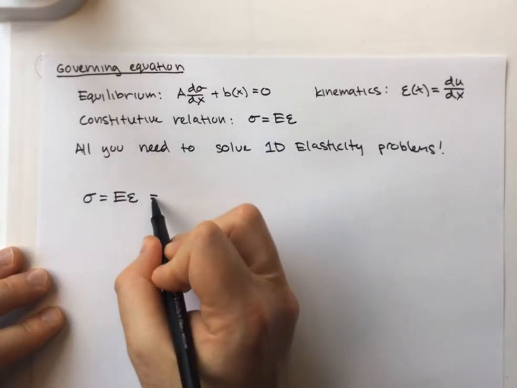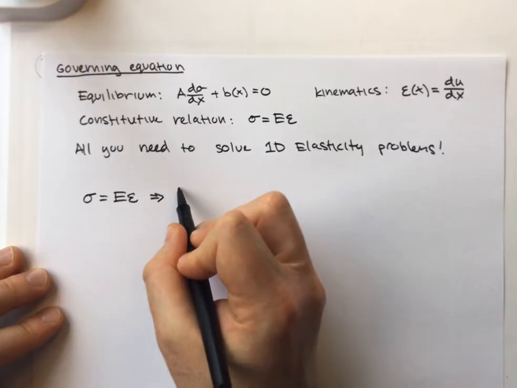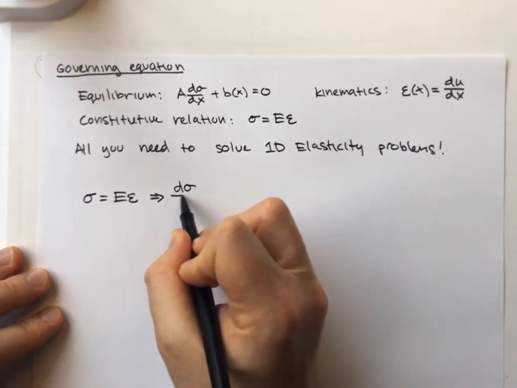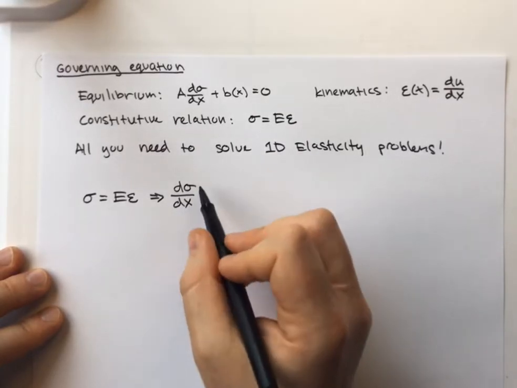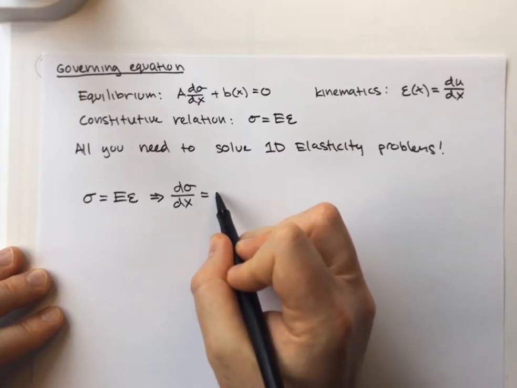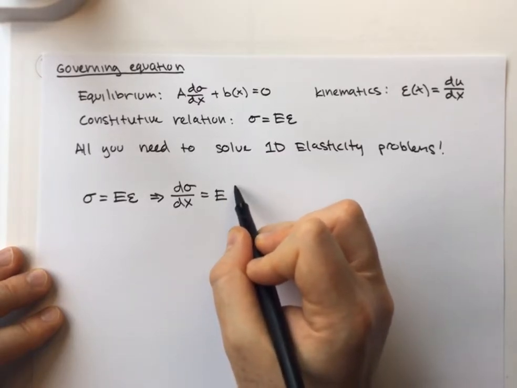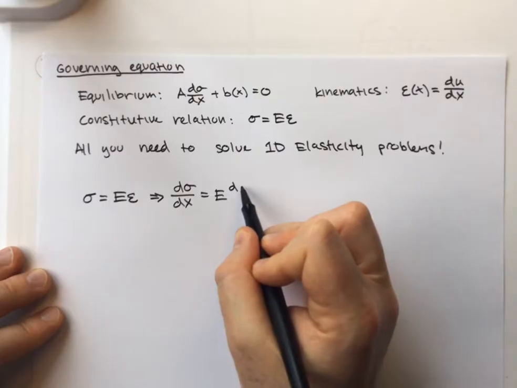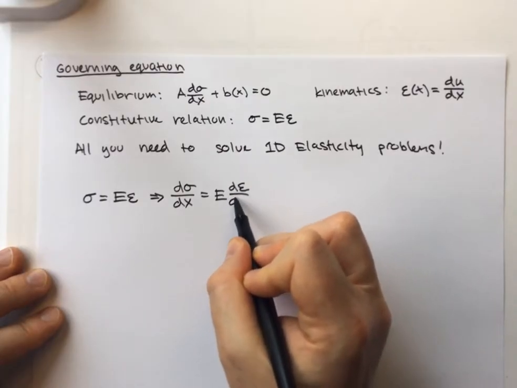And that implies that if I take the derivative of the stress with respect to x, that's going to be equal to the elastic modulus times the derivative of the strain with respect to x.